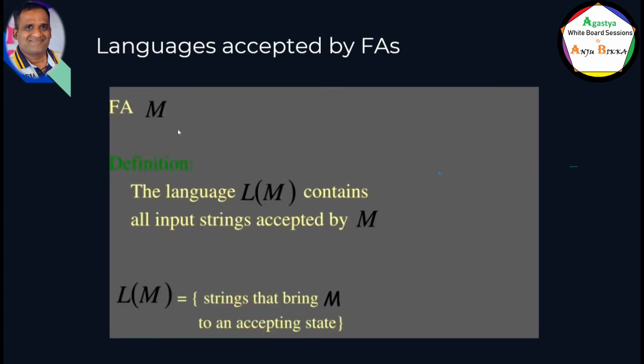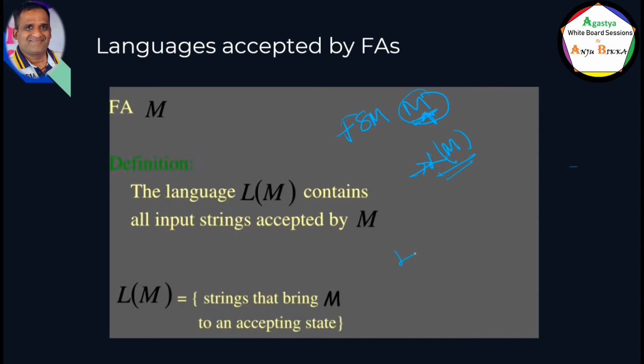Now we can see the languages accepted by finite state machines. If you have a finite state machine M, then what is the language accepted or recognized by M, which is nothing but L of M. So if there is a finite state machine, then L of M becomes a regular language.